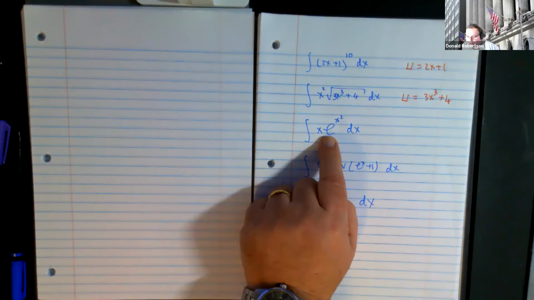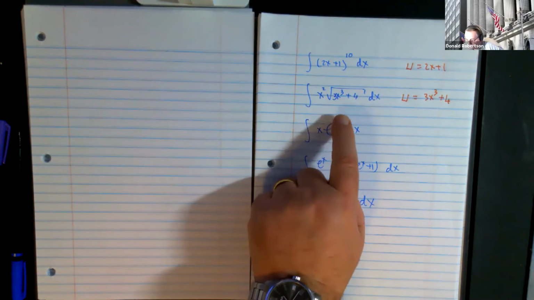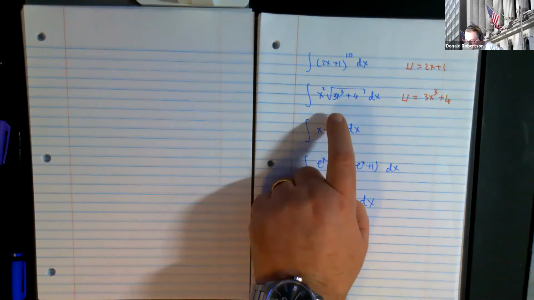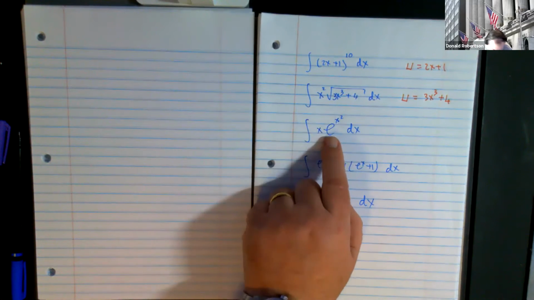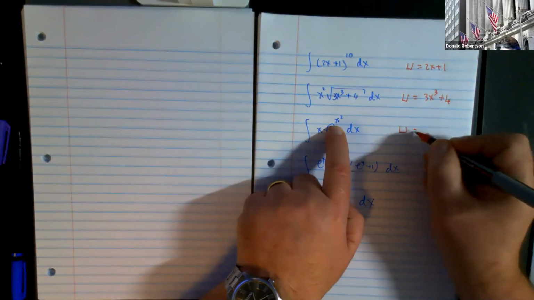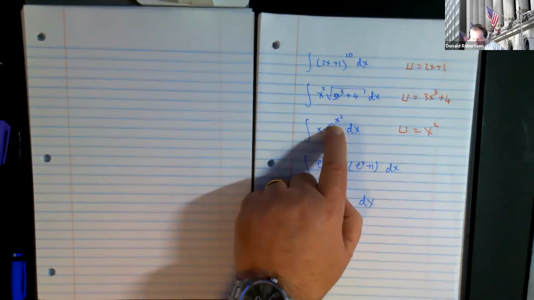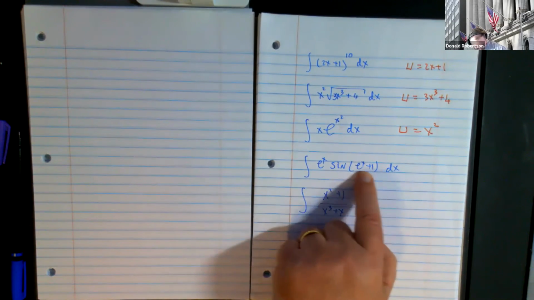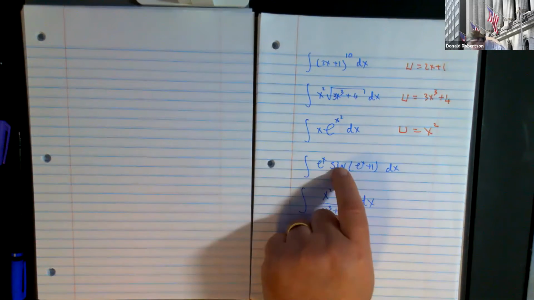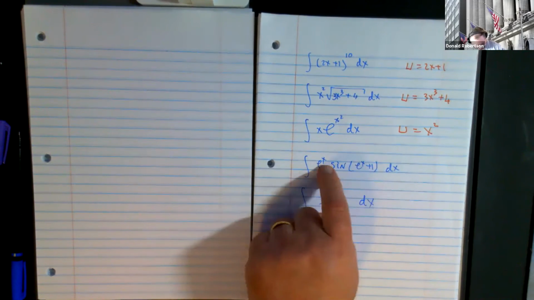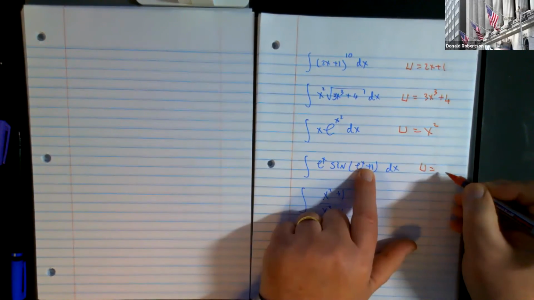If ever you get a u sub and there's an e to the power of something or a 4 to the power of something, right? Something like that going on, the something will be your u sub. If ever you have a trig, a sine of an ugly thing, a cosine, a tangent, a secant squared of something.